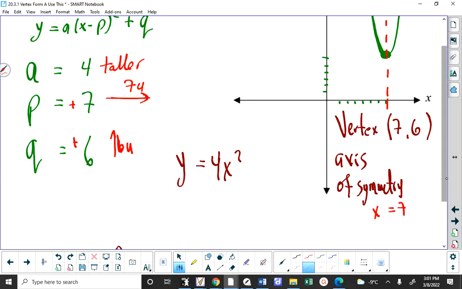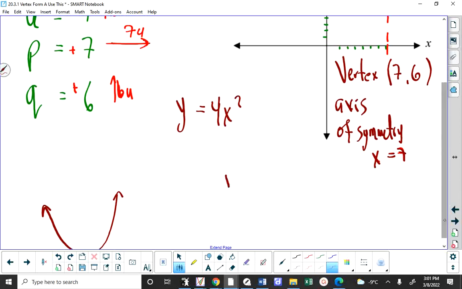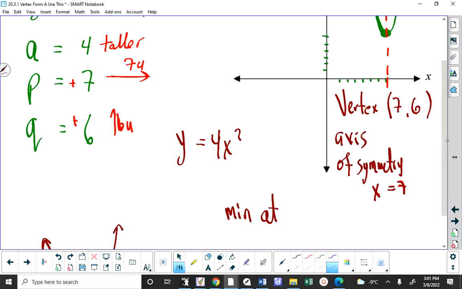Jack. It has a minimum. Can you tell me, and I don't know if you'll remember the exact details of how this needs to be answered, but this has a minimum at what? There's a certain way we say it, you know?